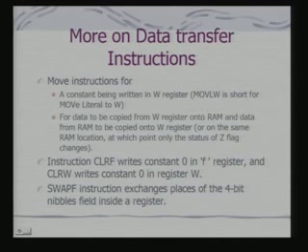In fact, we can also have arithmetic operations done with the immediate operands involving the W register. Also, we can do data movements in the sense that data can be copied from the W register onto RAM locations as well as vice versa. So, these are the basic data transfer operations that are supported in the PIC instruction set.